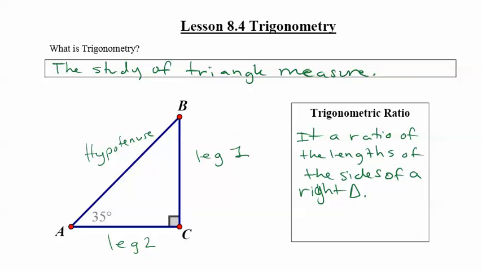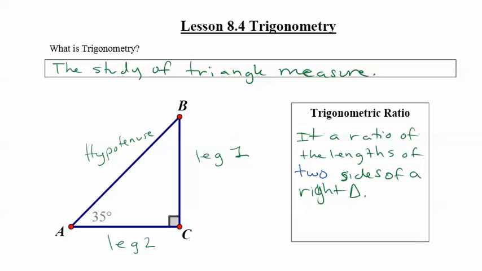Okay, so it's the ratio of the lengths of 2 sides of a right triangle. So we're just dealing with 2 sides at a time when we're talking about a trigonometric ratio. So actually we should change that of the sides of a triangle to 2 sides. So this should be 2 sides. So I'm going to go back and erase and write the word 2 because that's very important. So of 2 sides of a right triangle.